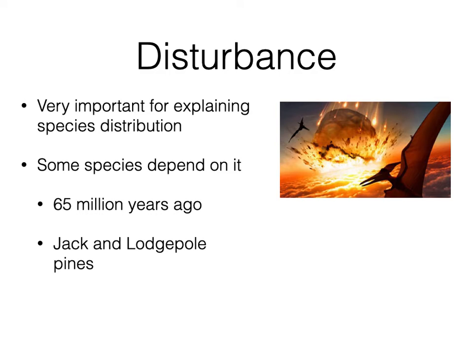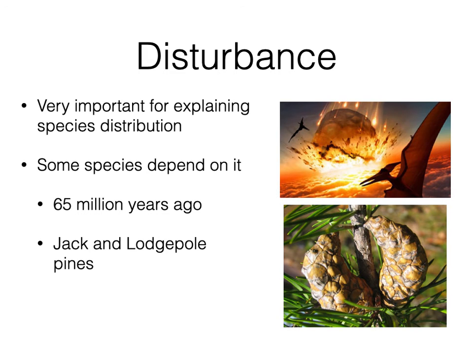Another example, thinking in the immediate short term, is organisms that depend on fire for their germination. And so these are jack and lodgepole pines. And these pine cones that you see here in this picture actually won't open unless they're exposed to fire.